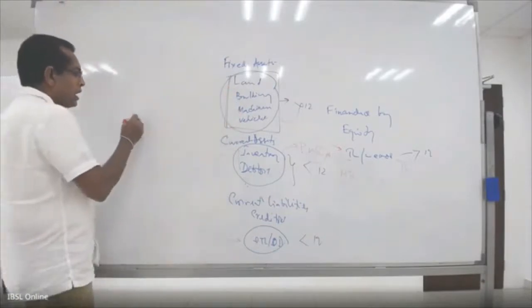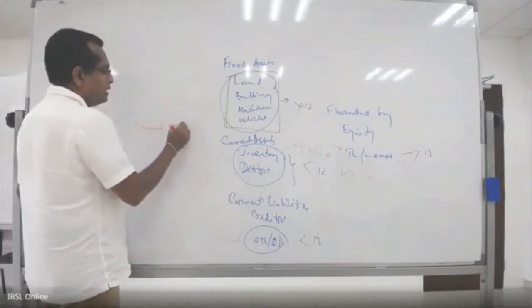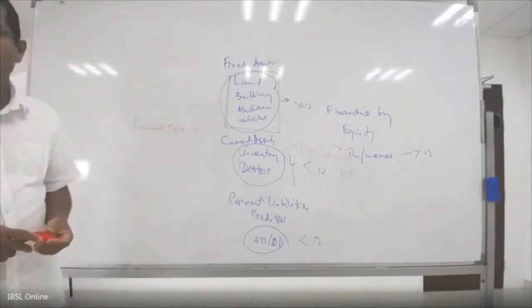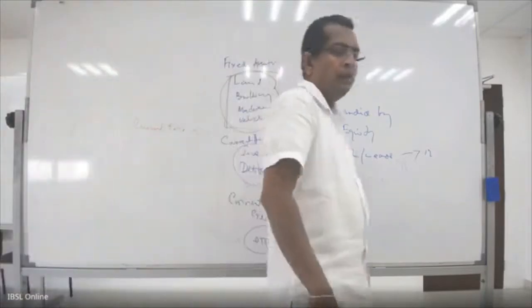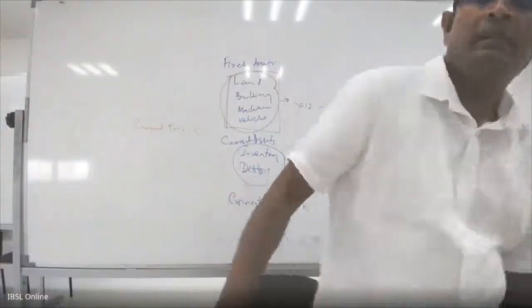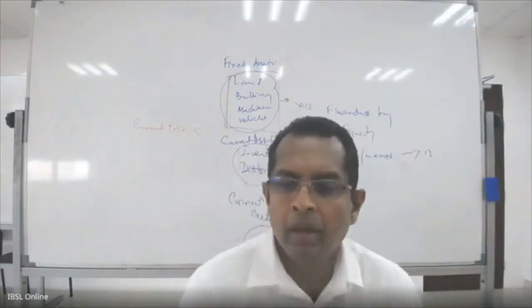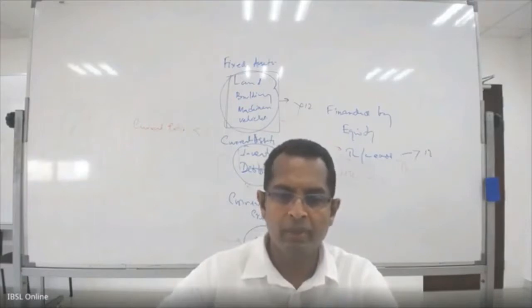Your current ratio would be less than 1, a negative current ratio. Right? So always remember this. This should be the way we look at funding. Right? Let us go to the presentation now.